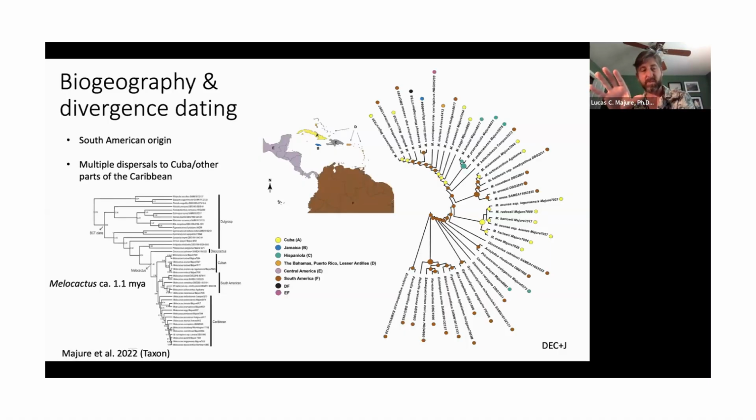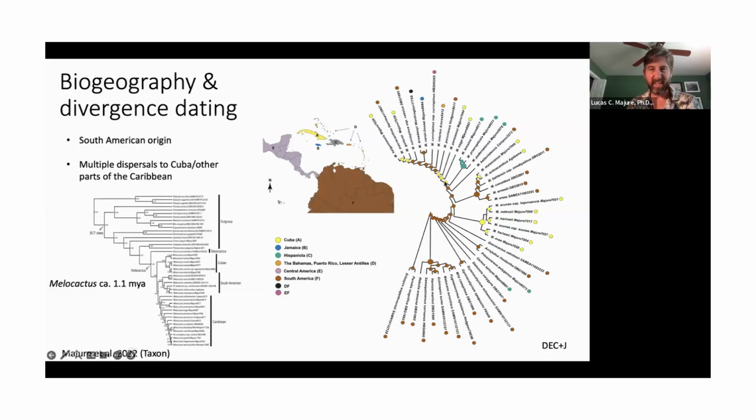If we dig into those groups that occur within the Antilles, they're even younger than that, right? So we're looking at ages that are actually kind of close to what we found with Consolea. And so here in this crazy, half circle tree that I have here, if you see anything in yellow, that's something that occurs on Cuba.